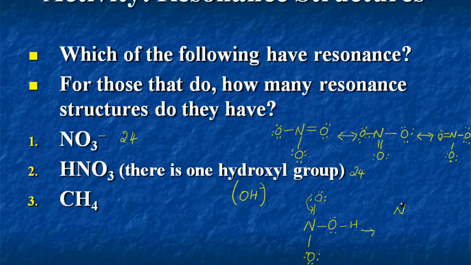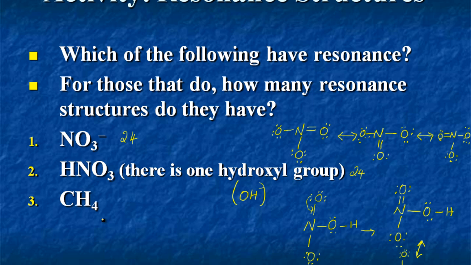You get either a nitrogen double bond O and then a single bond O with the OH group, or the other possibility is the nitrogen with the lower oxygen with a double bond. These are the 2 possible structures. Okay? So nitric acid has 2 resonance structures, and those are the structures.